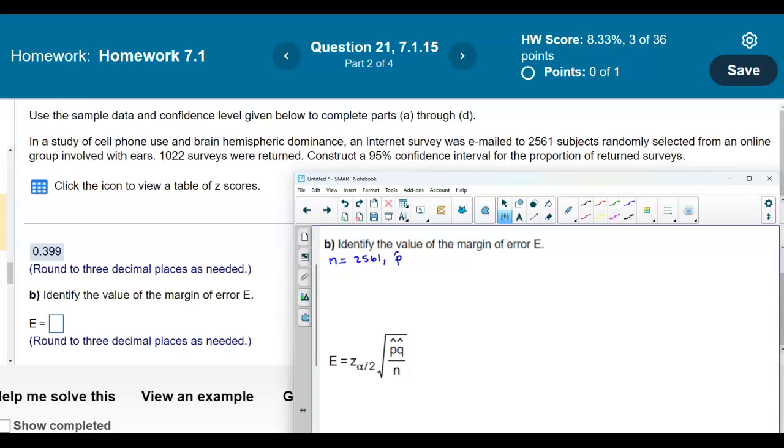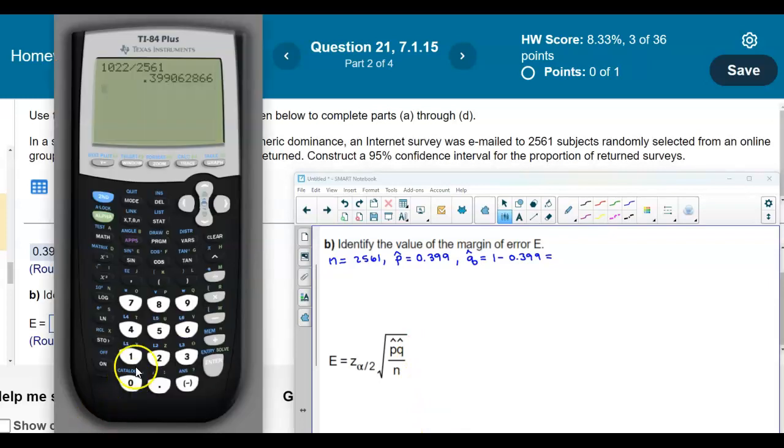We just determined that the point estimate is 0.399. To find the complement, we're going to take 1 and then subtract 0.399. So 1 minus 0.399 gives us 0.601.